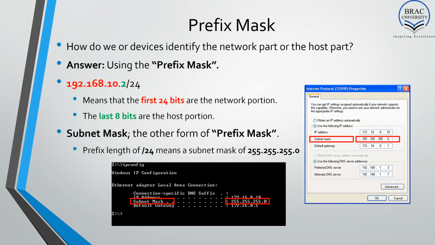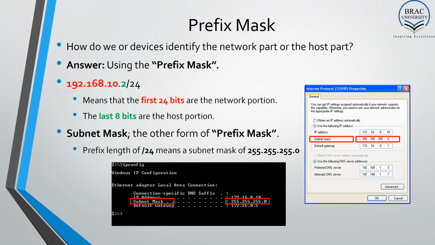Now we come to the prefix mask. Remember how I just identified that the first 24 bits are network and the others are host. Just seeing the IP address, there is no way of telling which part is the network, how many bits are for network and how many bits are for host. Hence we bring in the prefix mask.